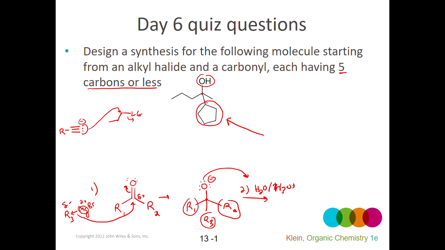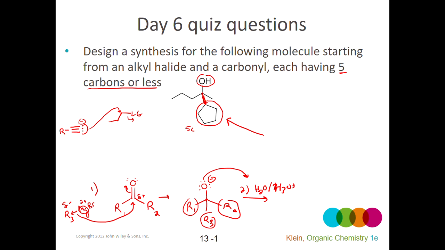So if I notice that this ring has 5 carbons and that the rest of the chain has 5 carbons, if I start with the ring and bring it in to form this bond, that will make a 10 carbon molecule very quickly from starting with two 5-carbon pieces.